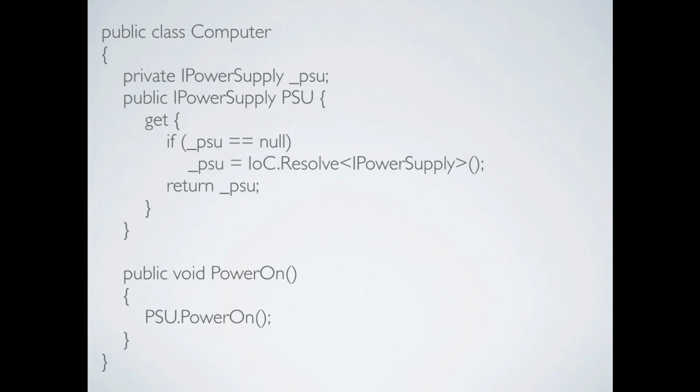Another pattern, one that I commonly use, the service locator pattern, is where the computer internally requires that power supply, but rather than require that consuming code provide it with the power supply, it calls another object in the domain to go out and find one for it. Now, for the real-world objects that we're modeling here, this might not make the most sense.